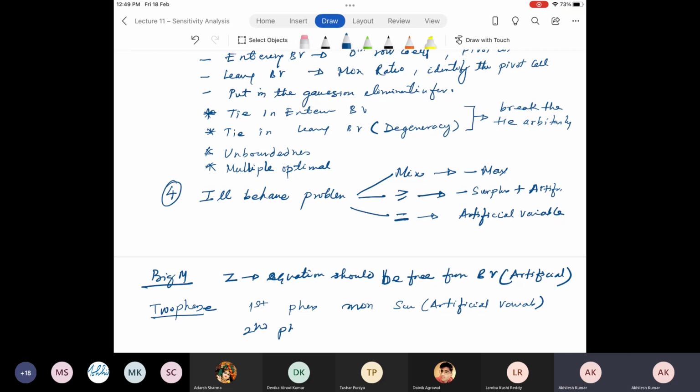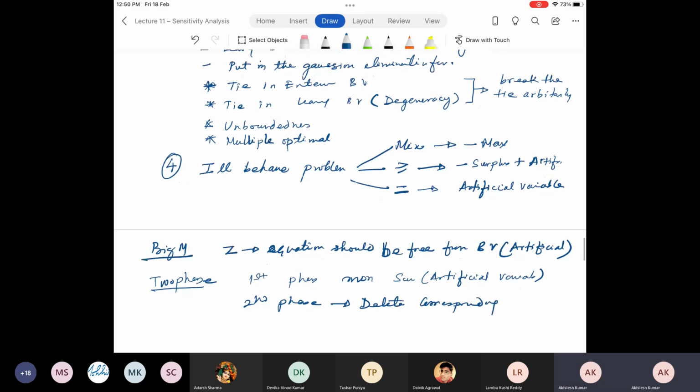Second phase, you need to delete the corresponding columns from the table. Put the actual objective function coefficient.